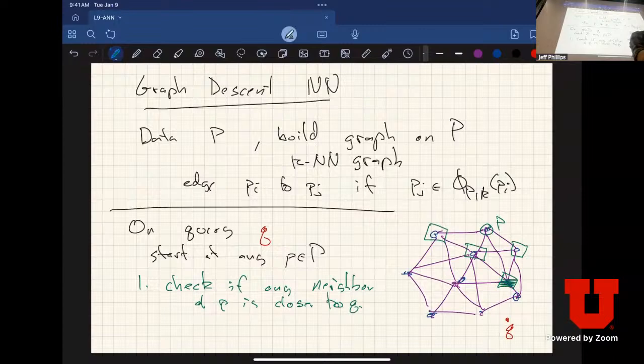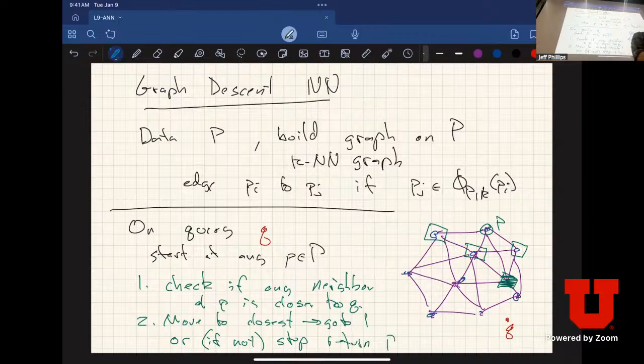In fact, this one is the closest to Q, so move to the closest, and then repeat, or if not, then stop and return P.